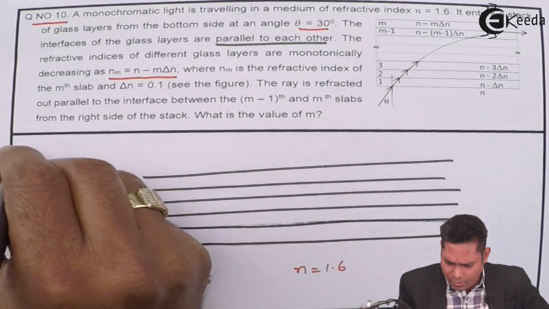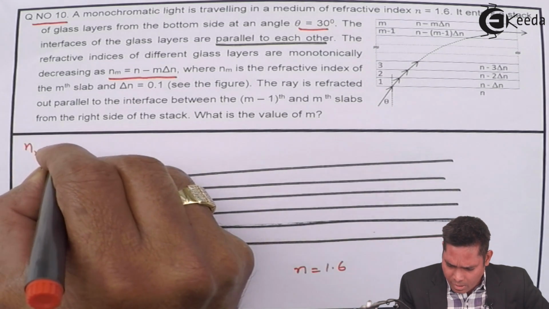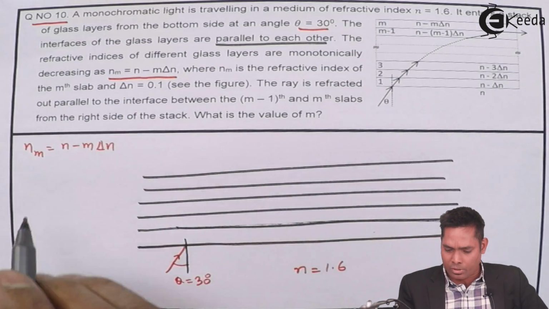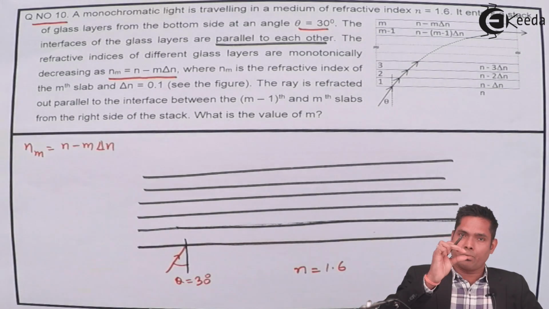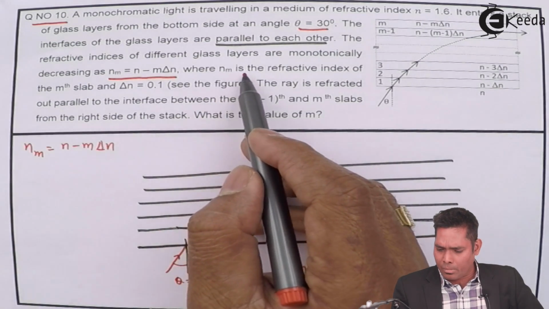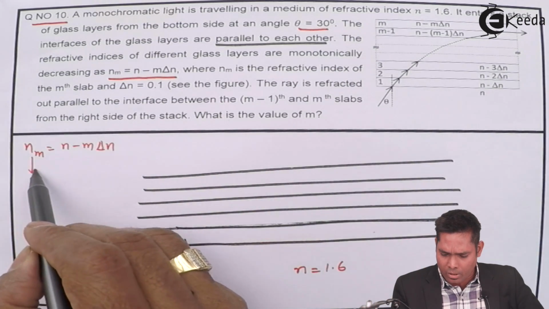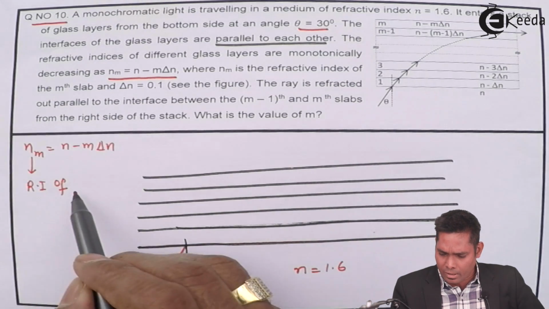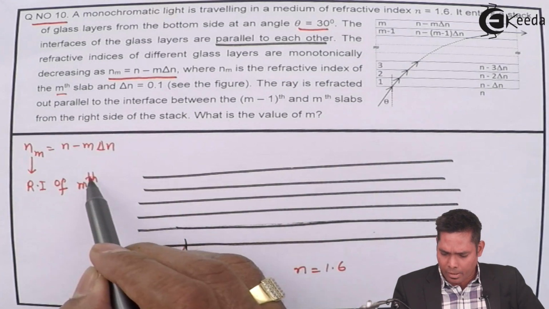The refractive index is given by the expression: n_m equals n minus m delta n. This is how the refractive index will change with the layer, where n_m represents the refractive index of the mth layer, the mth slab.